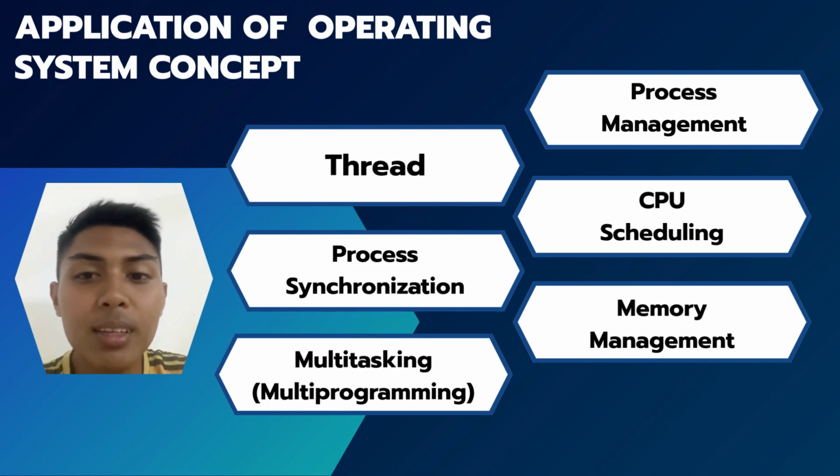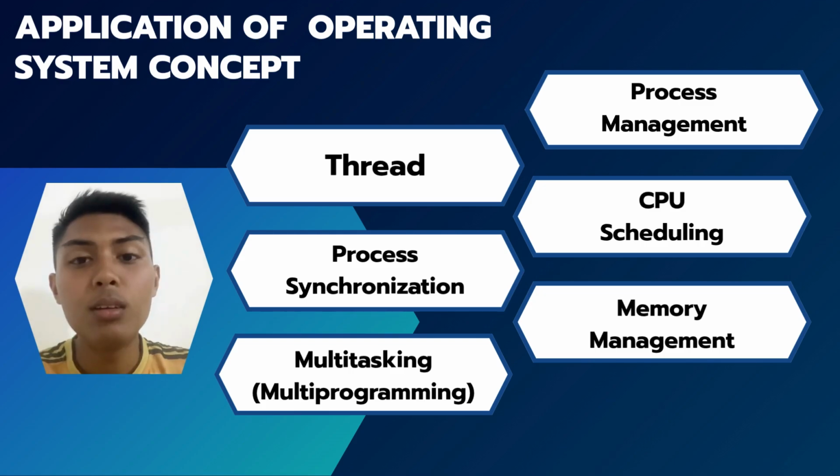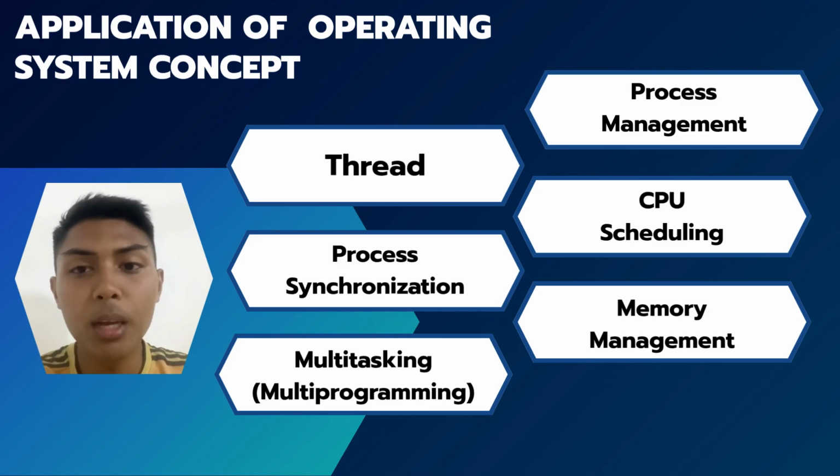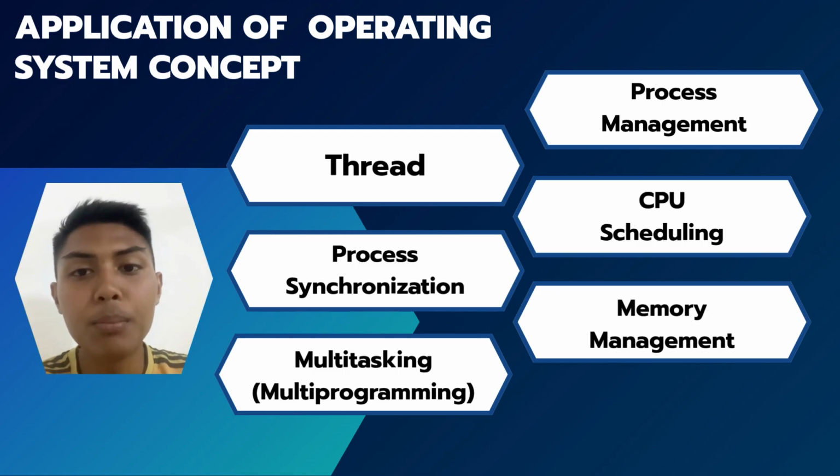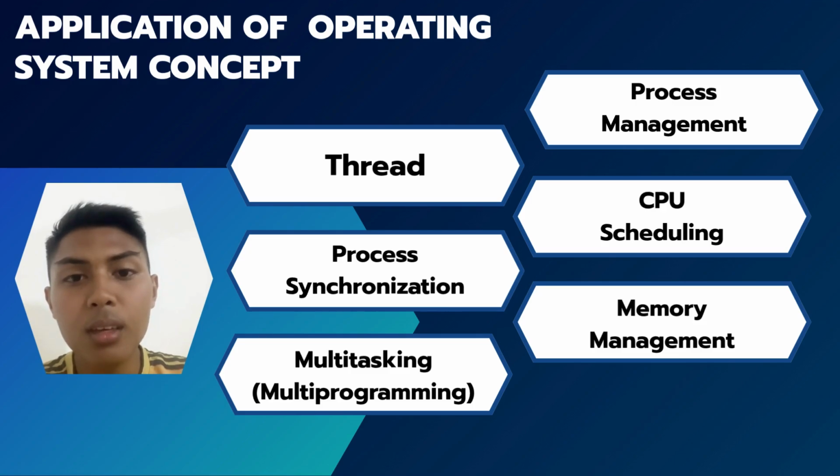This allows real-time performance. For CPU scheduling, the operating system divides CPU time among all active processes. This ensures that every part of the system gets enough processing power. In this case, parking sensors, payment systems, CCTV, and mobile services can all operate without delay or interruption.